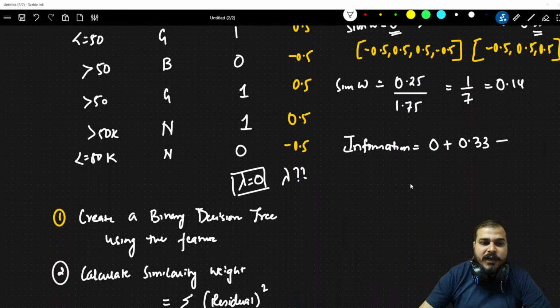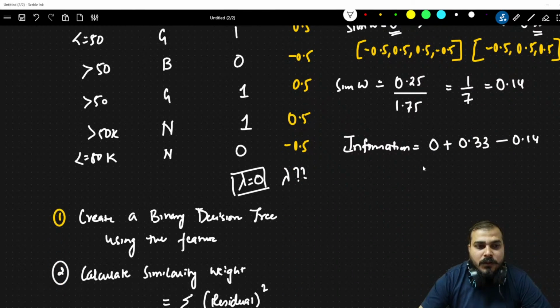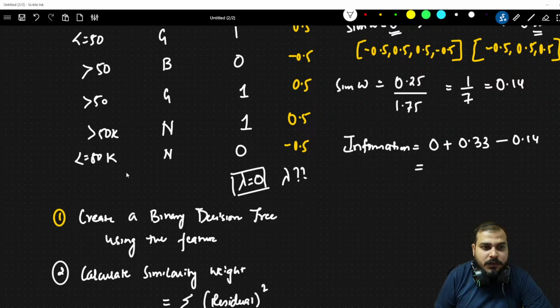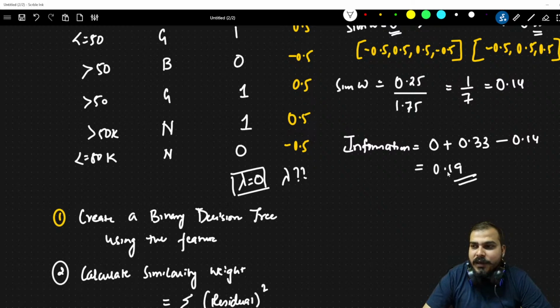Open your calculator again, 0.33 minus 0.14 is nothing but 0.19.